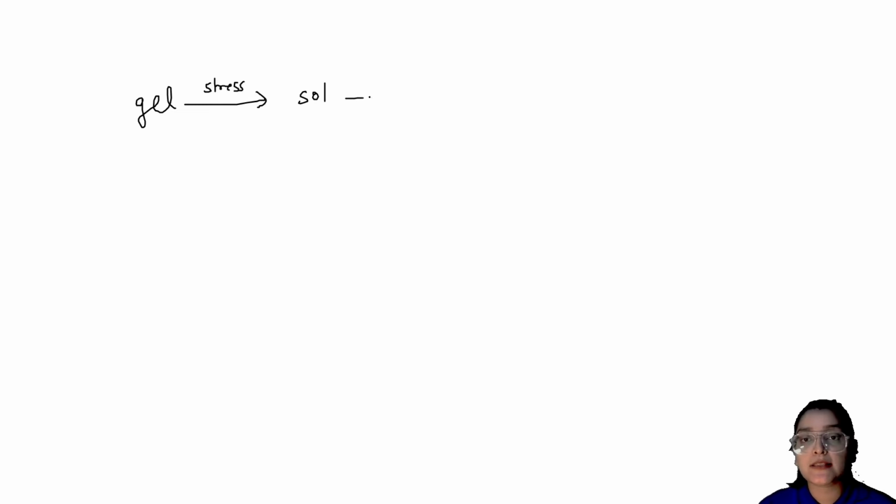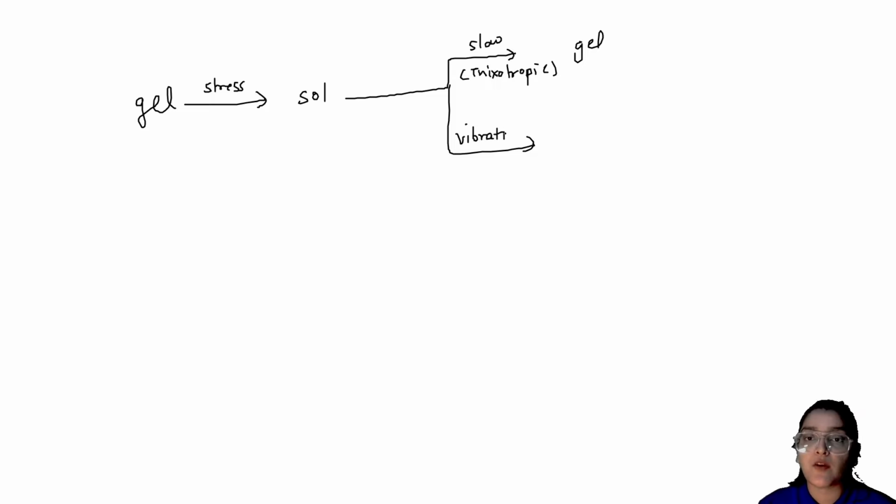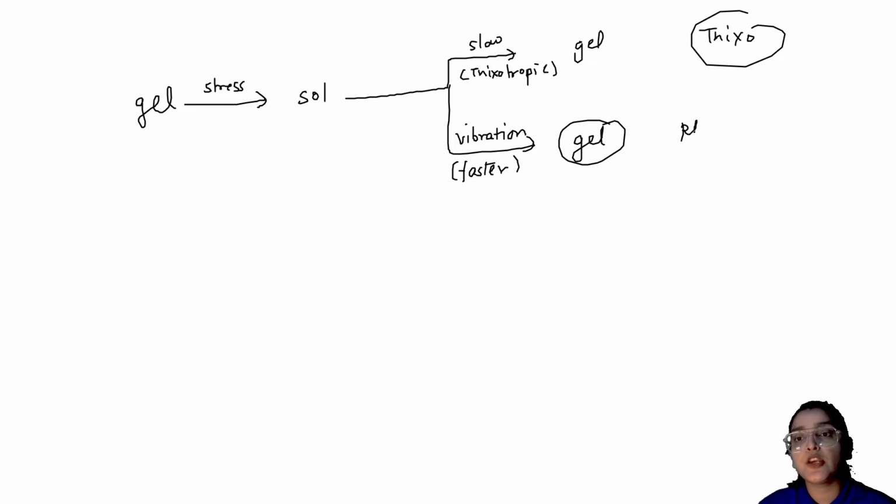This sol is converted back to the gel state with a slow process; this is the thixotropy system. Now if a vibration or turbulence is provided, it is converted back to the gel state but with a much faster speed. This was the thixotropy system, this is the GST.